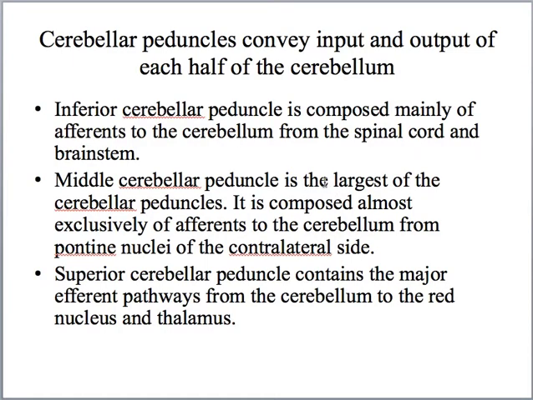Again, in terms of the information being carried by the cerebellar peduncles, the inferior is composed mainly of afferents to the cerebellum, coming in from the spinal cord as well as the brainstem. The middle cerebellar peduncle, which is the largest, is composed almost exclusively of afferents coming to the cerebellum from nuclei within the pons called pontine nuclei.